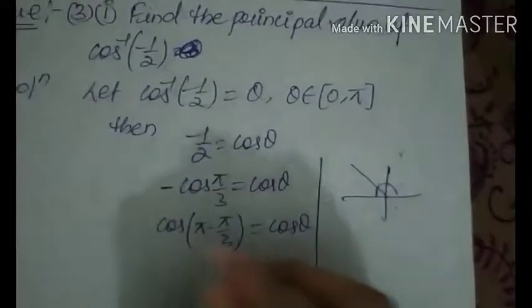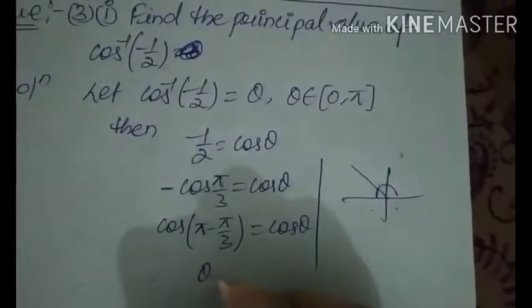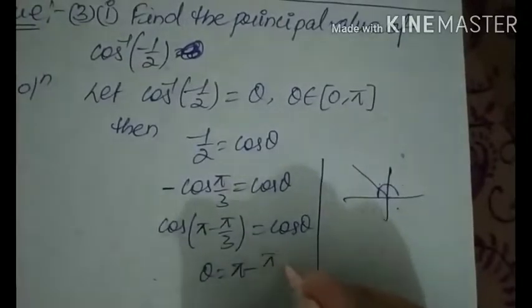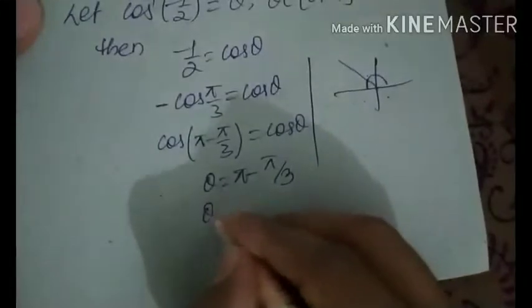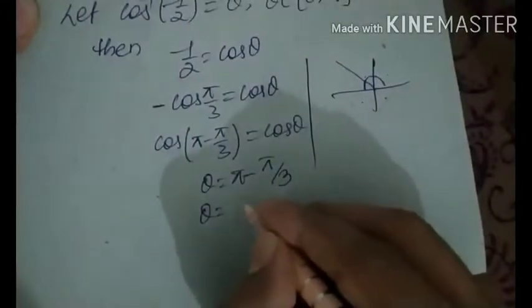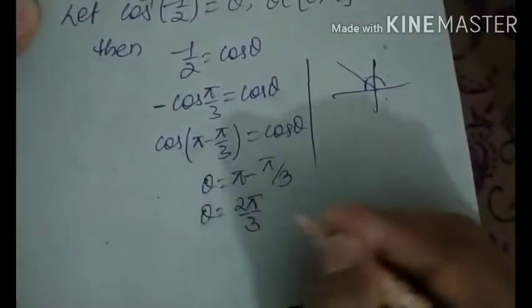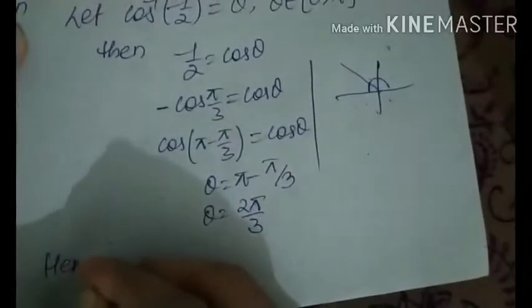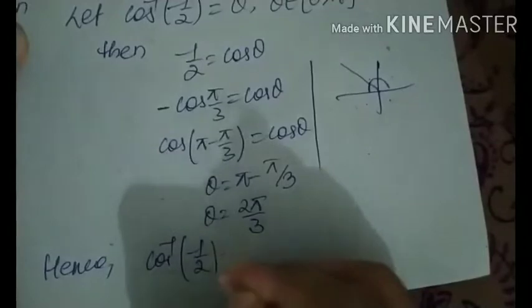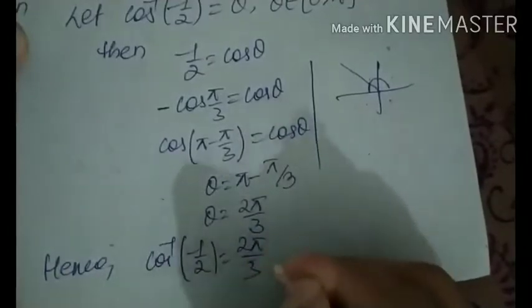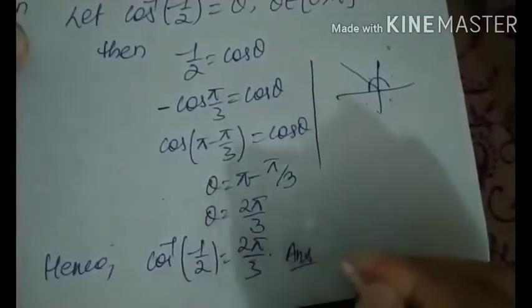Now if we compare both sides, we will get theta is equals to pi minus pi by 3. Then theta is equals to 2 pi by 3. Hence cos inverse minus 1 by 2 is equals to 2 pi by 3. This is our solution.